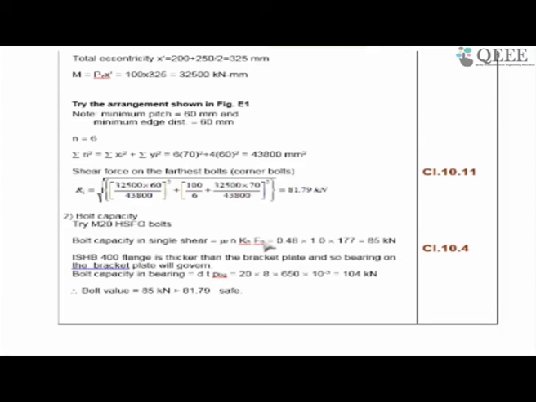F naught for the grade of bolt is taken as something, and it is worked out as 85. And for ISHB 400, the bearing capacity with thickness 8 mm and diameter 20 is coming out as 104, and the bolt value is 85. Obviously, slip will govern for an HSFG bolt. So it is just coming safe compared to the load coming on the bolt.